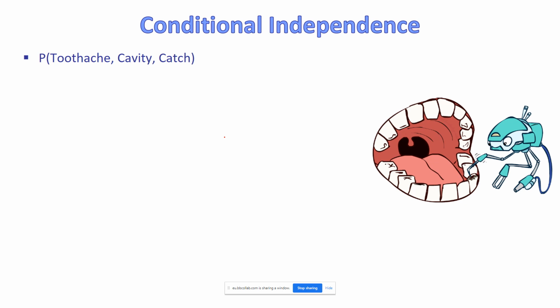Catch means that the doctor or the robot here has a probe, and that probe might catch, which means that it might get stuck in a hole in your tooth. So catch means whether the probe will get stuck in a hole or not. So we have these 3 variables: toothache, cavity, and catch.